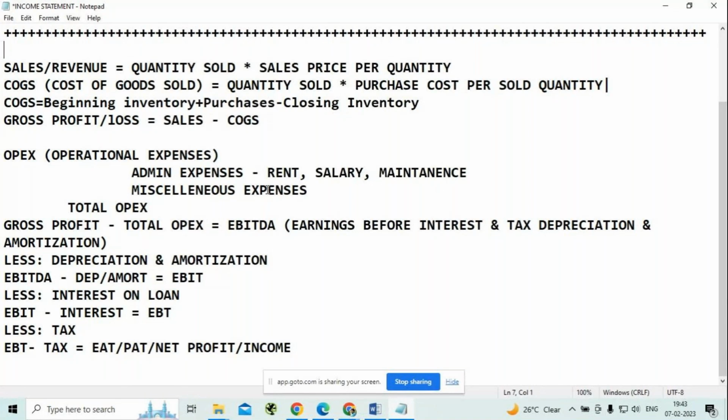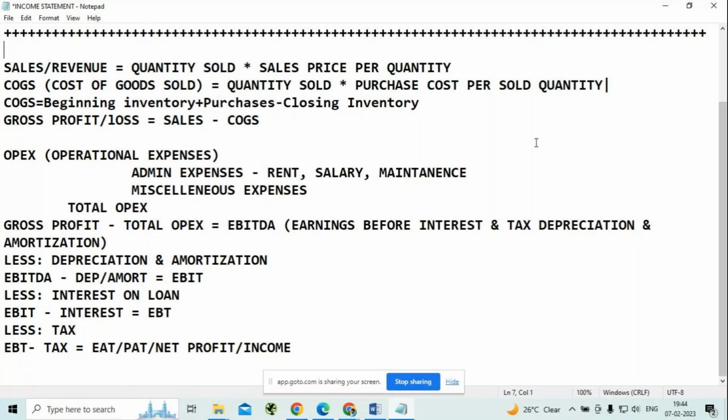So whatever it is, you calculate the total amount, and this amount should be subtracted from gross profit. The difference, when you get it in positive, is called EBITDA, that is earnings before interest, tax, depreciation and amortization value.